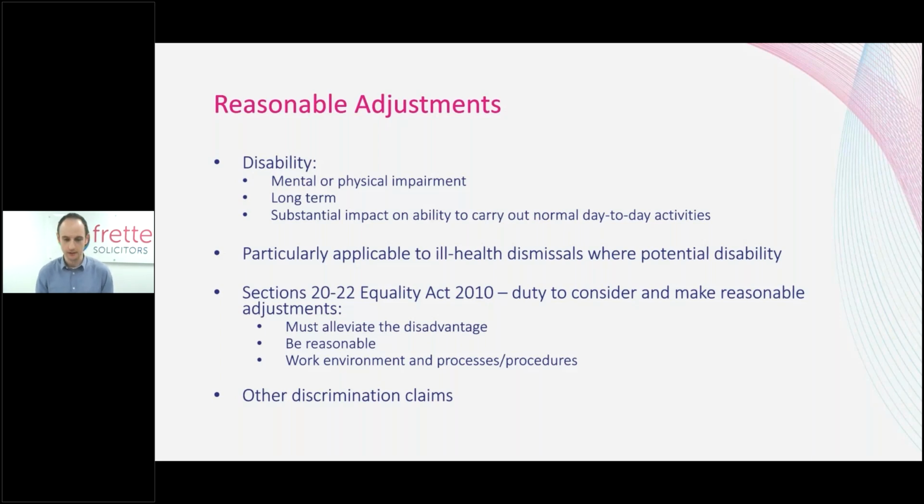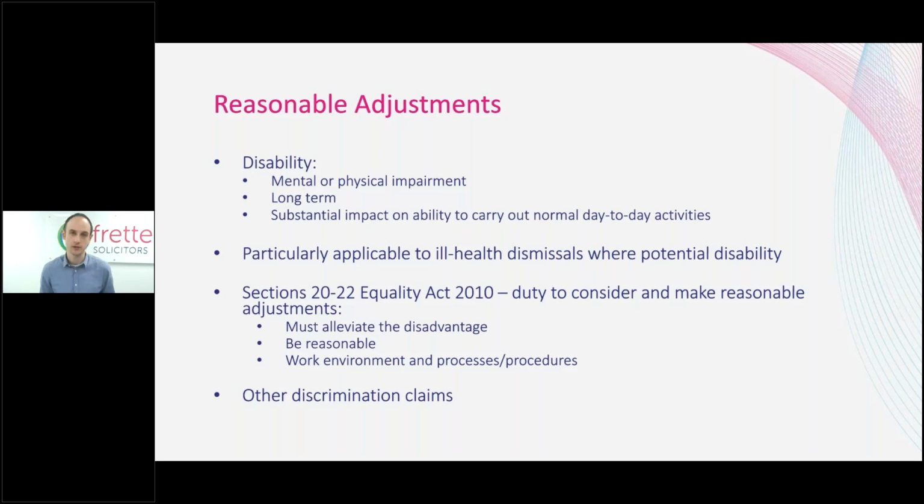Obviously, we can see that disability is always going to be relevant potentially when considering an ill health process, particularly in relation to dismissal, where a disability may be triggered. Firstly, if we know about a disability and the absence or a reduction in performance is caused by difficulty in accessing work, we may need to consider duty to make reasonable adjustments under the Equality Act.